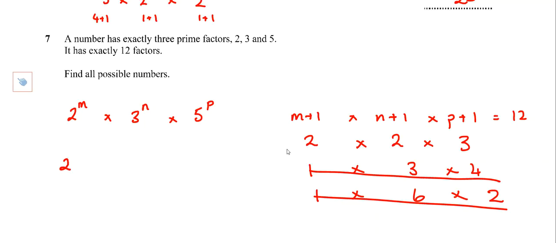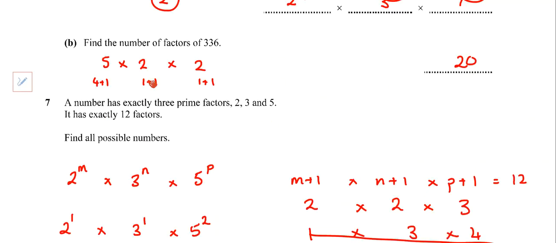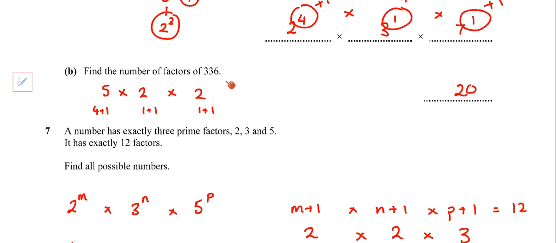So for instance, it would be 2 to the power of 1 times 3 to the power of 1 times 5 to the power of 2. So up here we had to add 1 to get the numbers to make the factors.